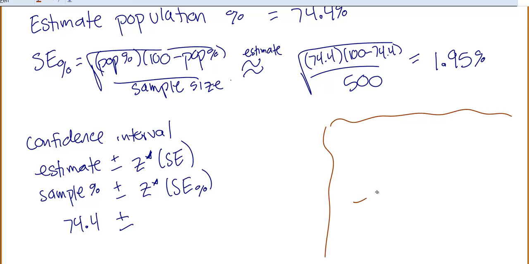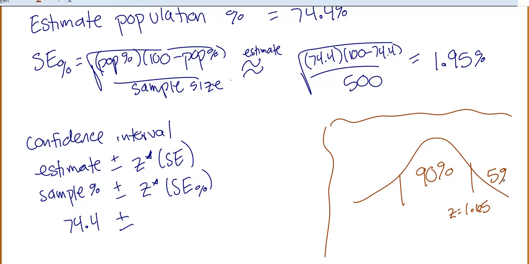To find Z star, I said we wanted a 90% confidence interval. So you put 90% in the middle. And then you ask yourself, okay, if there's 90% in the middle, how much is going to go in each tail? It's 1.65. Okay, it is 1.65.